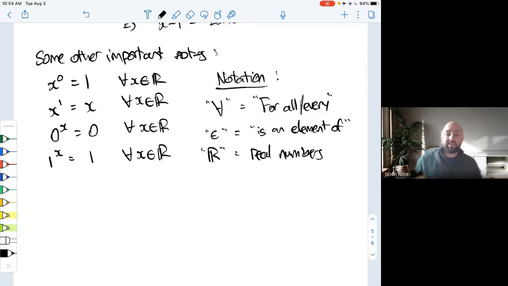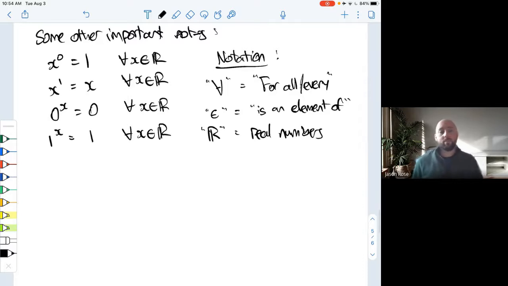So those are the rational numbers, the irrational numbers, and everything else. Actually, that is everything: the rationals and the irrationals. Okay.